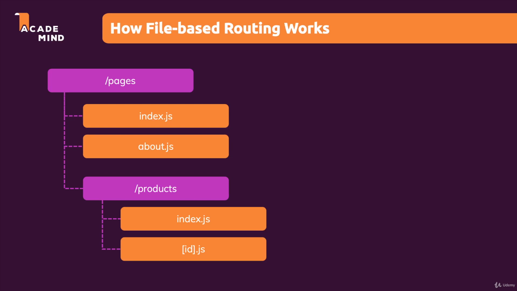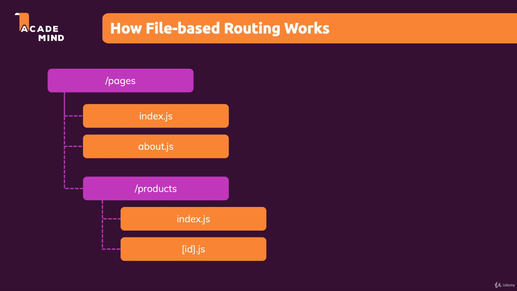And in products, we have two additional JavaScript files. The index.js file again, but now in products instead of just pages. And then a file with a rather strange file name, square brackets, and then ID inside of those square brackets, .js. Now I'll come back to this strange looking file name in a second.